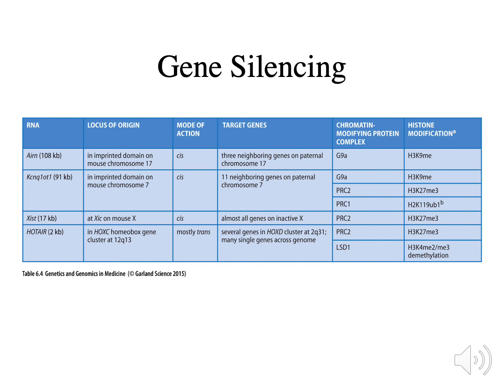So there are actually genes that code for these long non-coding RNAs, non-coding meaning that they don't code for a protein product, and we see what genes they affect. So gene silencing is something that's very important, and here's how it takes place.